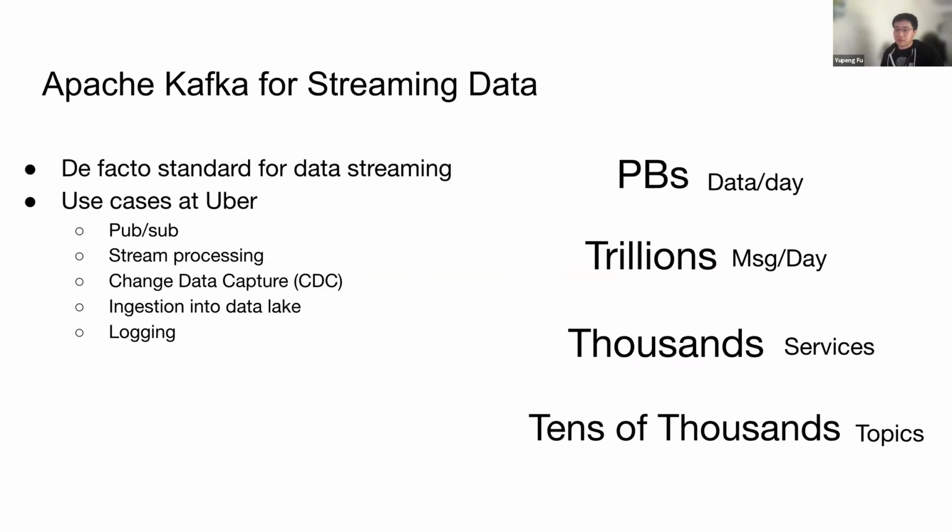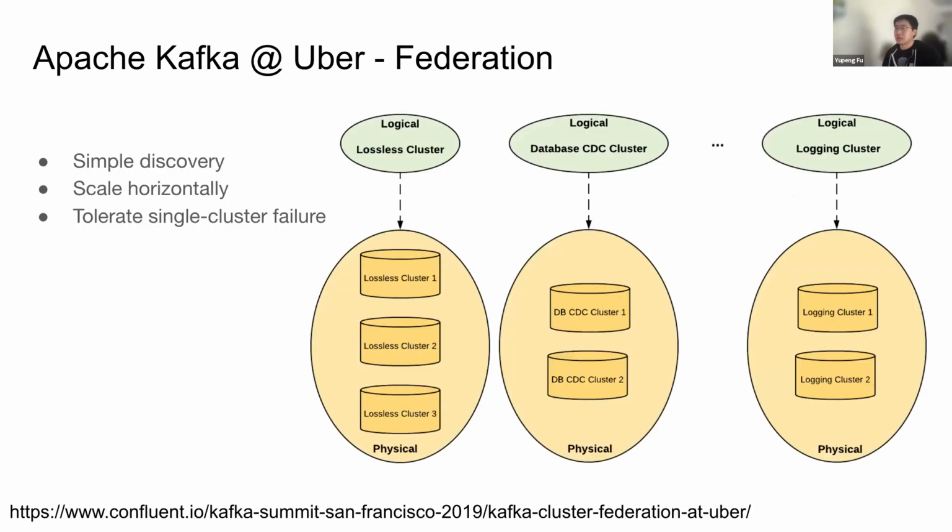In fact, Uber has one of the largest Kafka deployments in the world. You can see from these numbers on this slide, there are trillions of messages or petabytes of data flowing into Kafka today. Because of this large scale and the different scaling challenges we talked about in the beginning, there are multiple innovations from Uber made to Kafka.